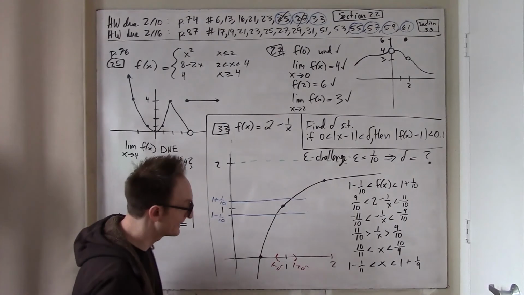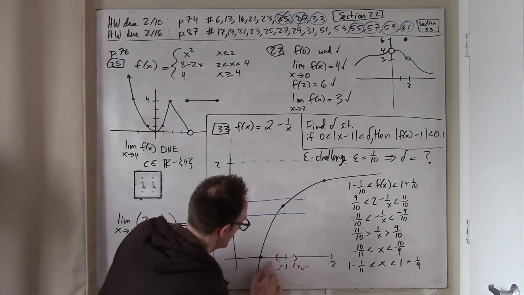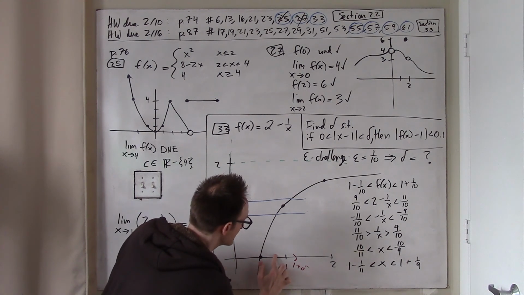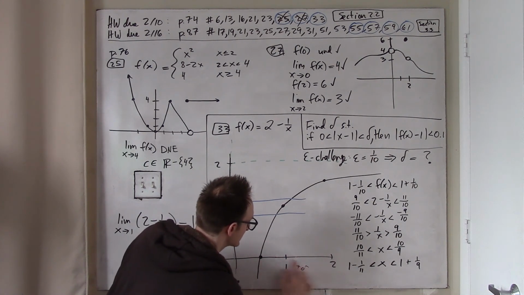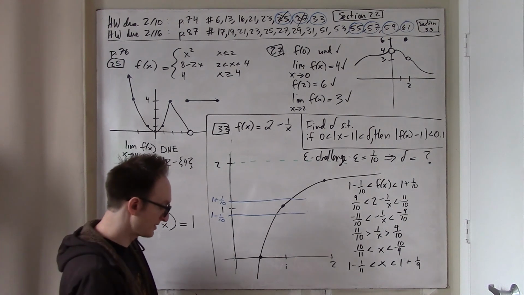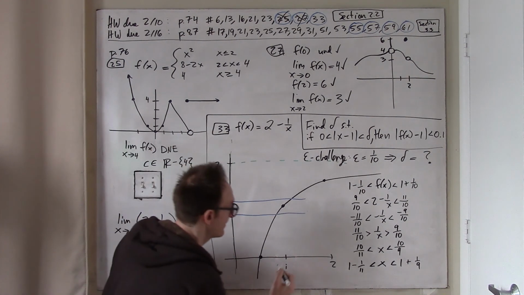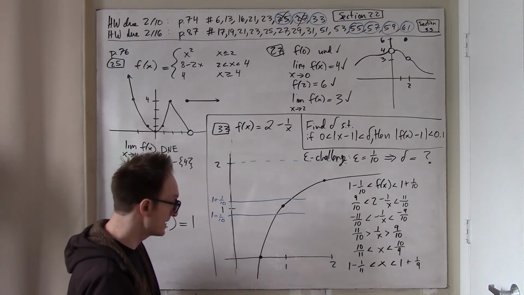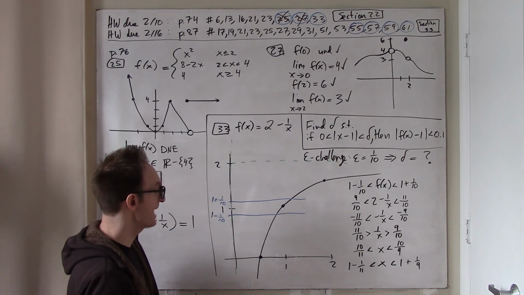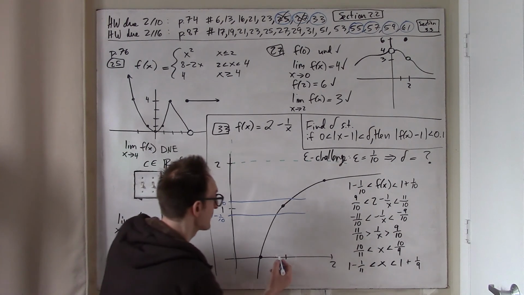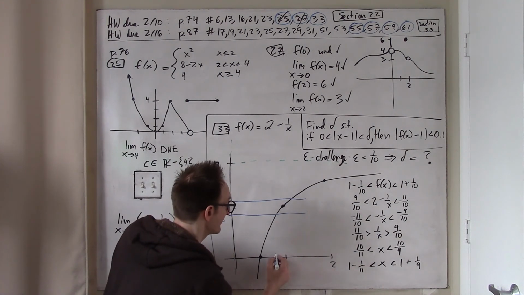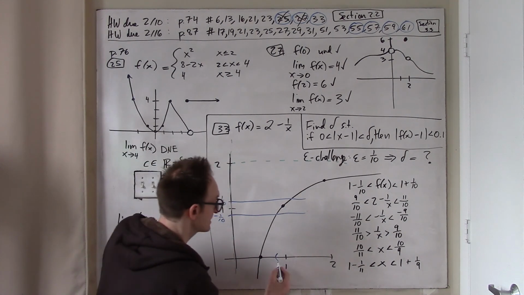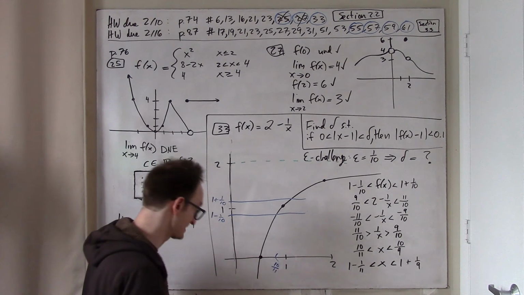The situation is that on the left-hand side of 1, let me now erase this, problem's basically over, but we still need to talk it out. On the left side of 1, it seems that I can go back an 11th. So what is this point? This is 10/11, a little bit less than 1.